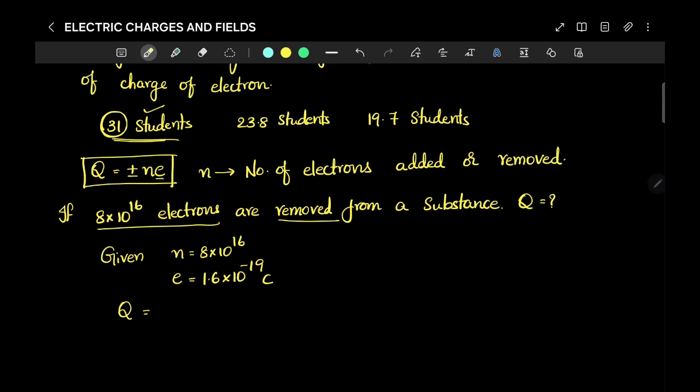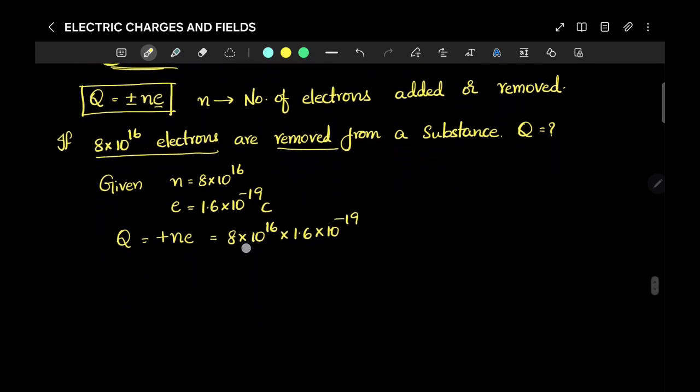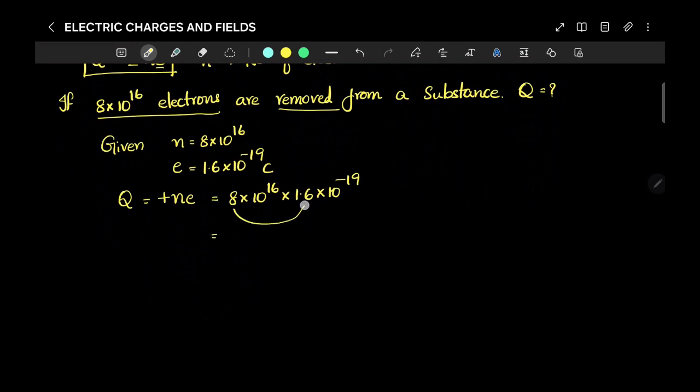If you are removing electrons, it will become positively charged, so it will be plus n into e, which is 8 into 10 power 16 into 1.6 into 10 power minus 19. 8 into 1.6 is 12.8.